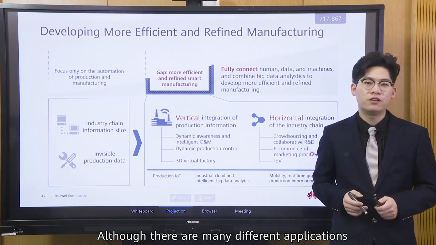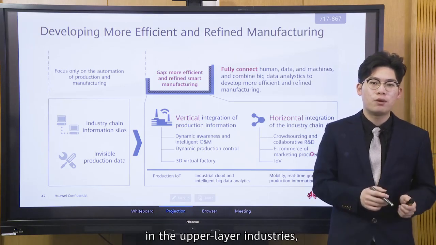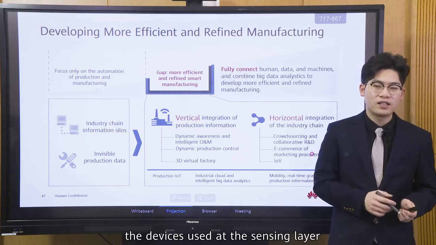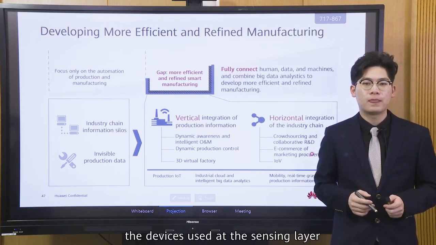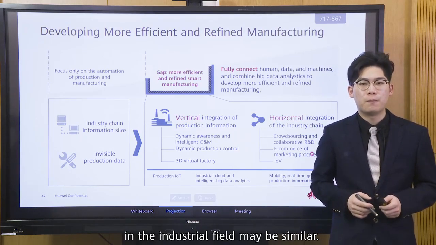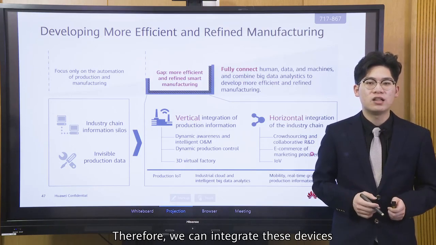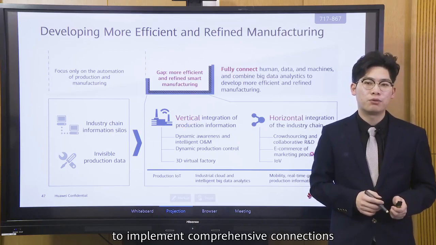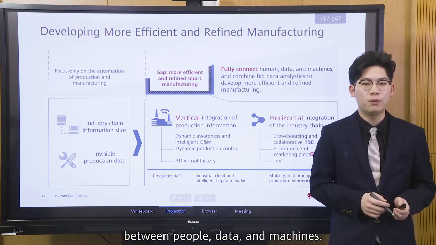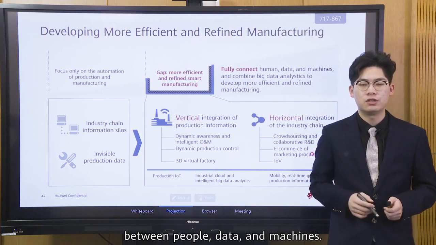Although there are many different applications in the upper layer industries, the devices used at the sensing layer in the industrial field may be similar. Therefore, we can integrate these devices to implement comprehensive connections between people, data, and machines.